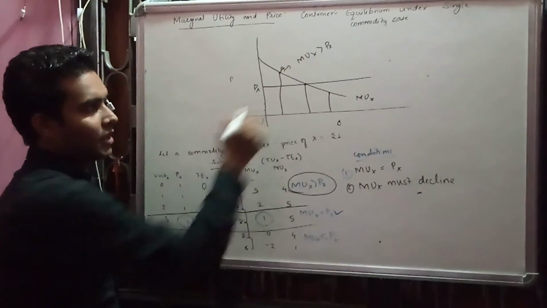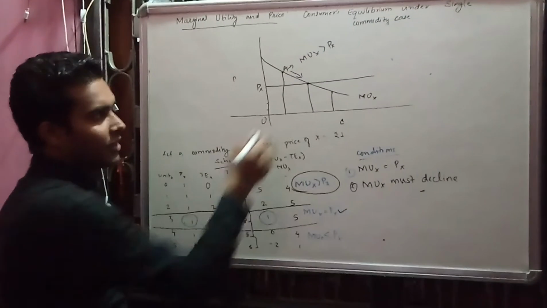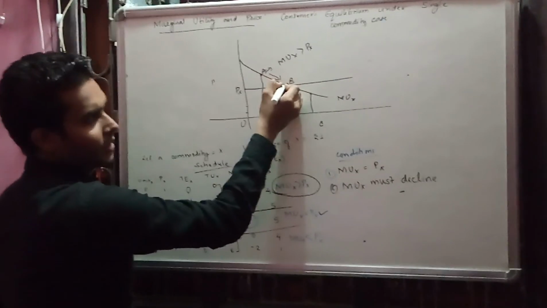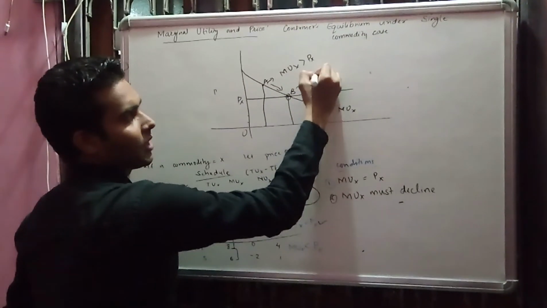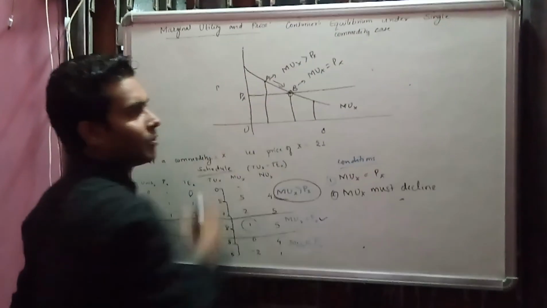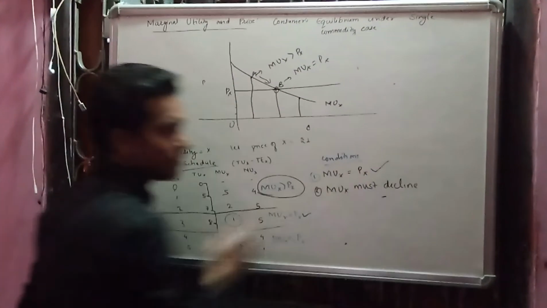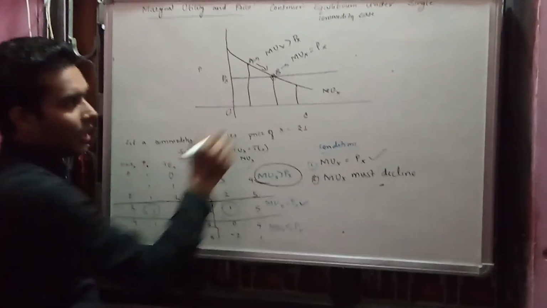To increase my profit. So I will move down. I will reach a point B. At point B, this is marginal utility, this is price. Both intersect. That means marginal utility and price both become equal. That means condition number 1 is satisfied at point B.